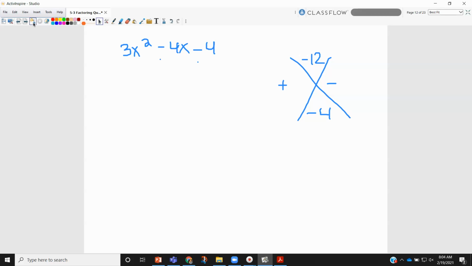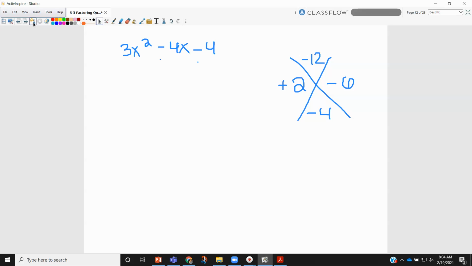So since my bottom term's negative, it means my larger factor is negative. So I need two numbers that multiply to negative 12, but add to negative 4. So that's going to be negative 6 and positive 2.